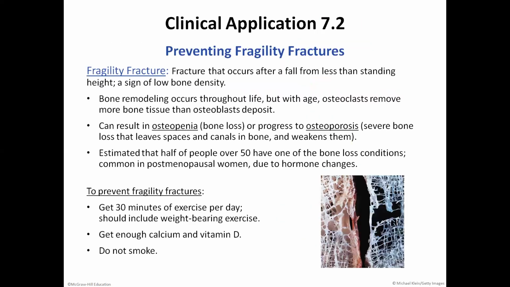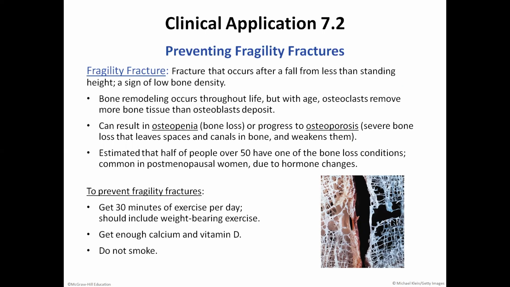When we talk about osteoporosis, usually we tend to think that they have more fragile bones. It's very common in women over the age of 50 or that have been through menopause. It can happen in men as well, but it's more common in females.